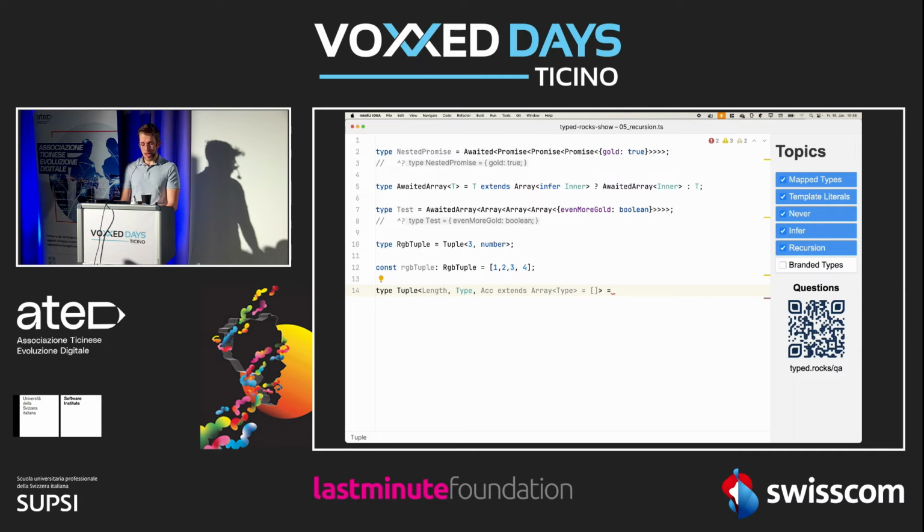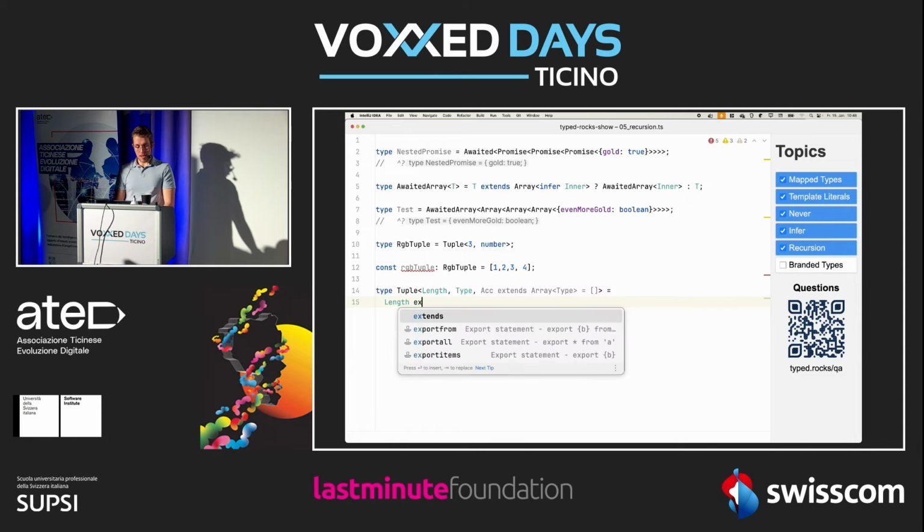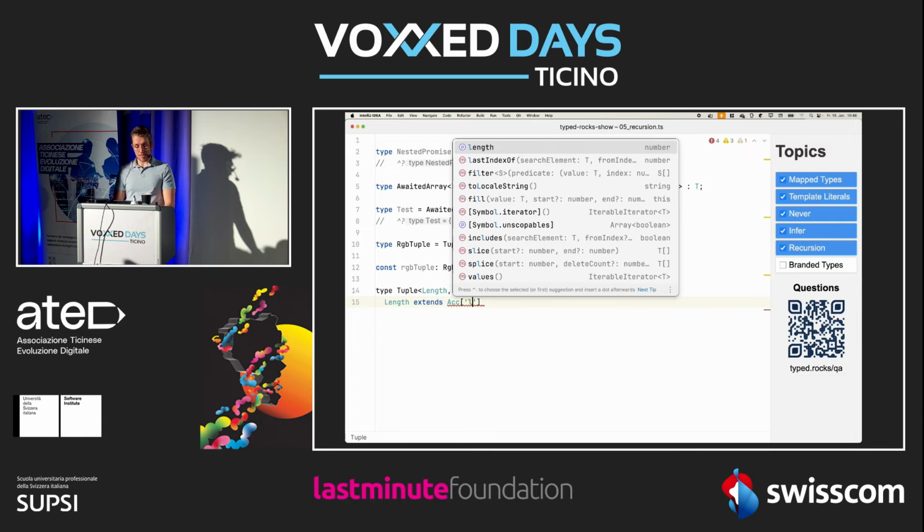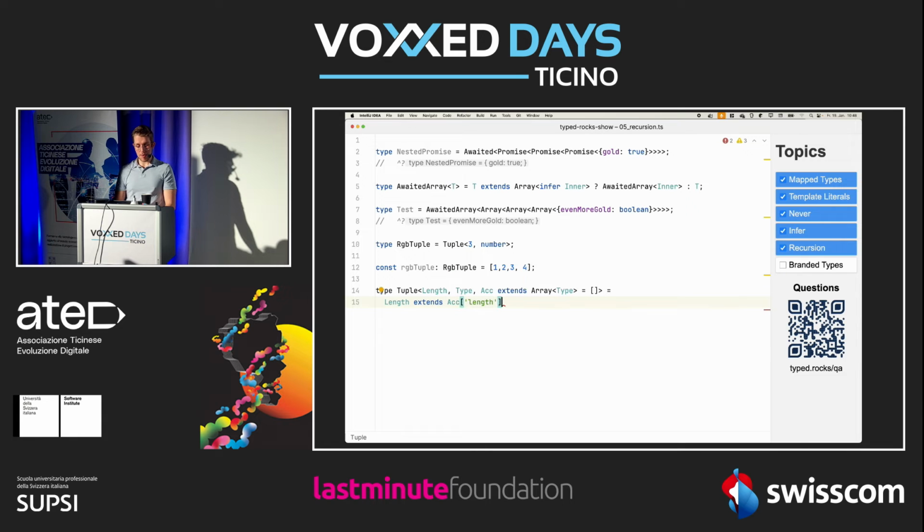So now, let's get started with the breakout condition. What we say is, okay, when the length extends our accumulated length. And by the way, when I first saw this, I was thinking, how can a type have a property? But Typescript sees, okay, this is an array type.